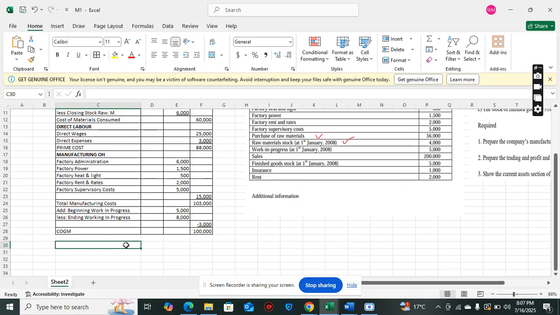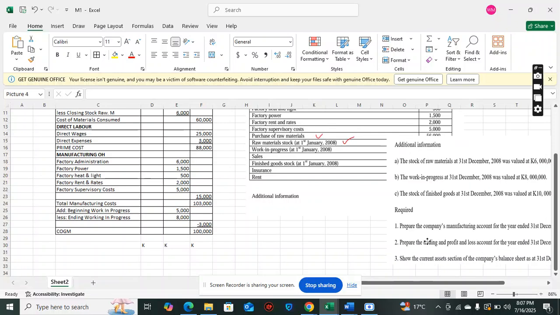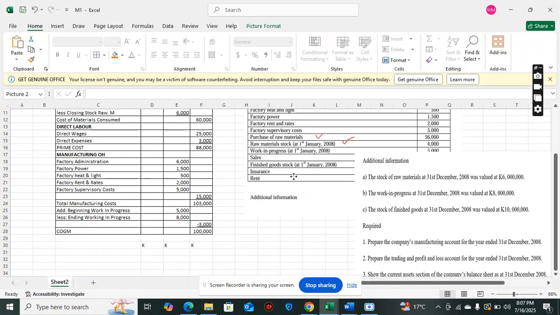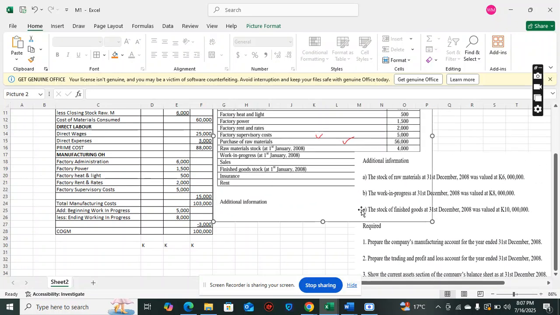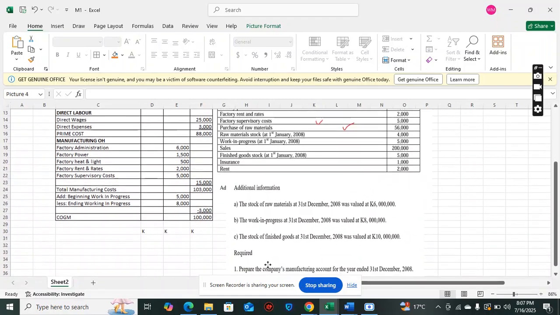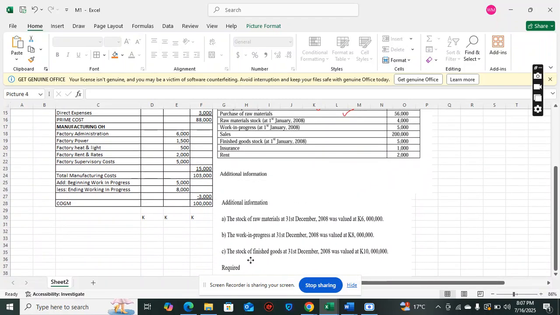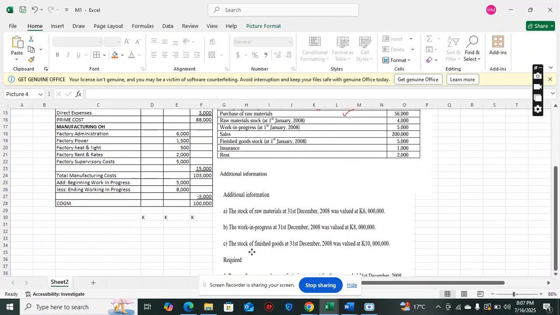No, I'm just asking, do we remember the difference between gross profit and net profit?